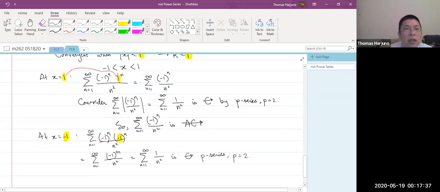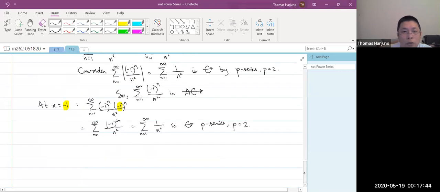So you notice that at x equals 1, it is convergent. At x equals -1 it is convergent. So the interval of convergence, originally -1 to 1, right? But we also find out that it is convergent at 1 and convergent at -1.